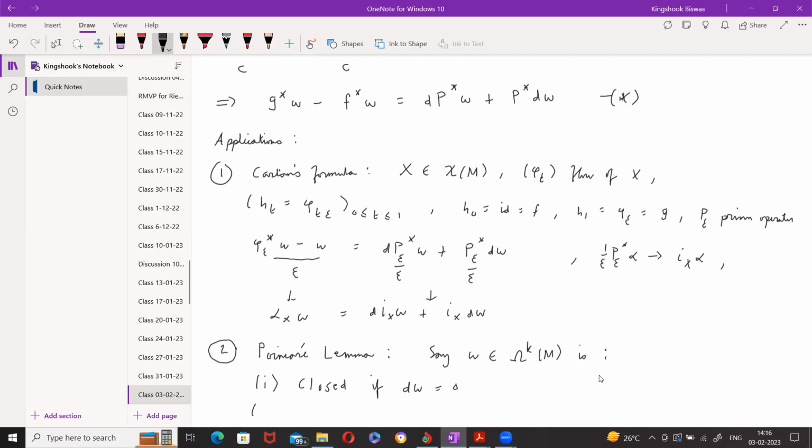And exact if omega is d alpha for some k minus 1 form alpha.